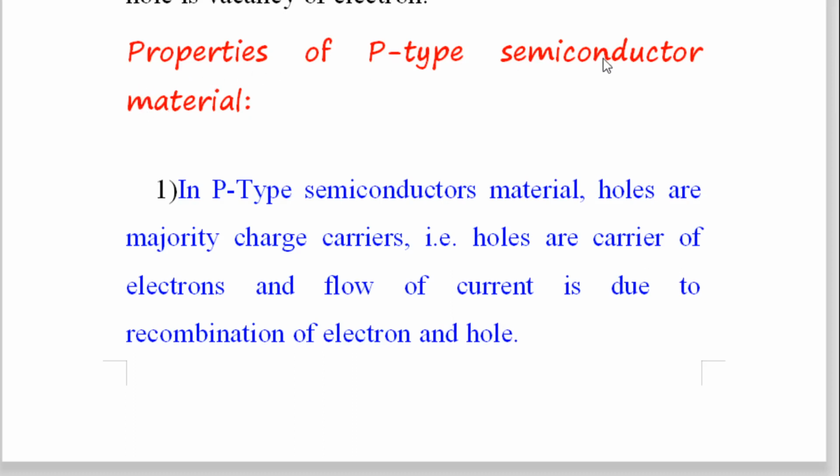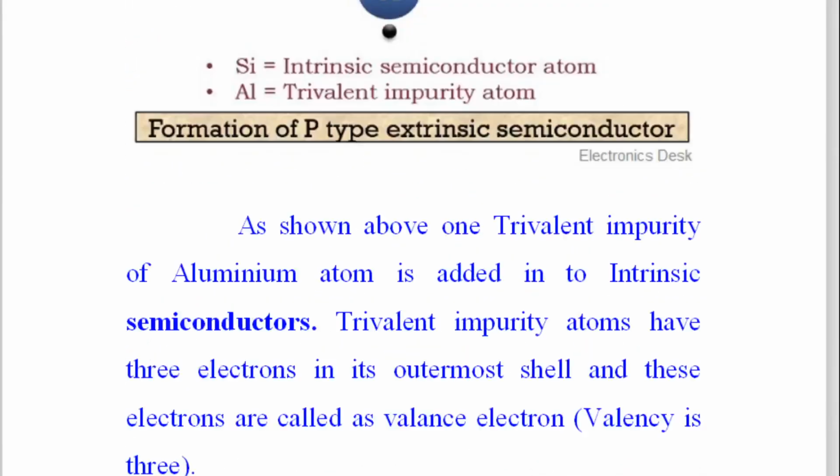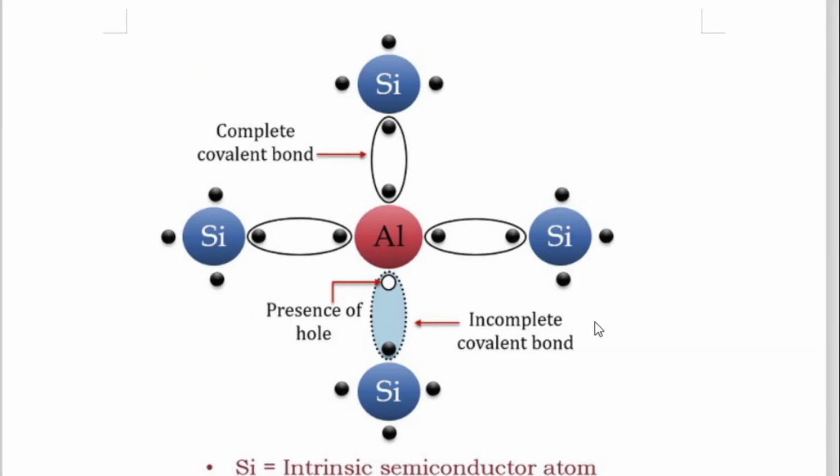And what are the properties of p-type semiconductor, that also you see, it's also very important. In p-type semiconductor material, holes are the majority charge carrier. And flow of current is due to recombination of electron and hole, because when you connect a battery to this structure, electrons are supplied by the negative terminal of the battery.